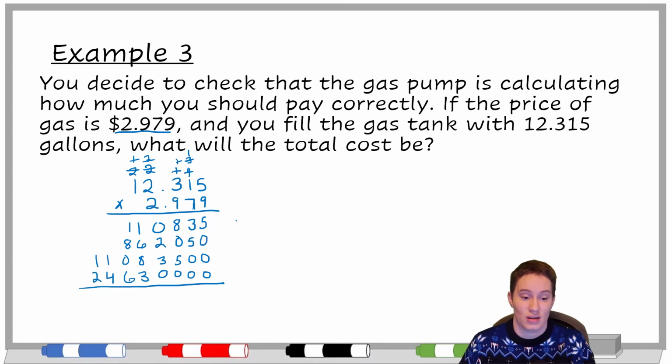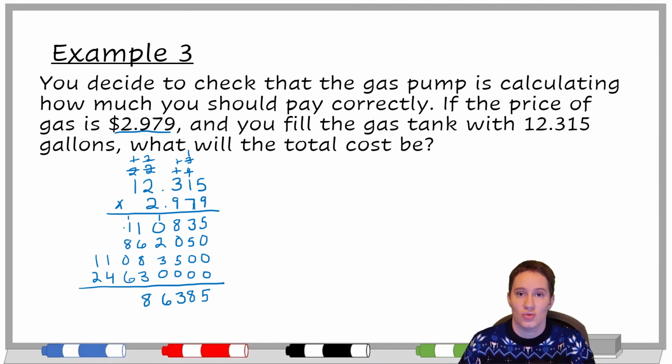There's so many places that we could mess up. 5 plus 0 plus 0 plus 0 is 5. 3 plus 5 is 8, plus 0 plus 0, still 8. 8 plus 5 is 13. Write 3 down, carry your 1. 1 plus 2 is 3. 3 plus 3 is 6. Oh boy. 1 plus 6 is 7. 7 plus 8 is 15. 15 plus 3 is 18.